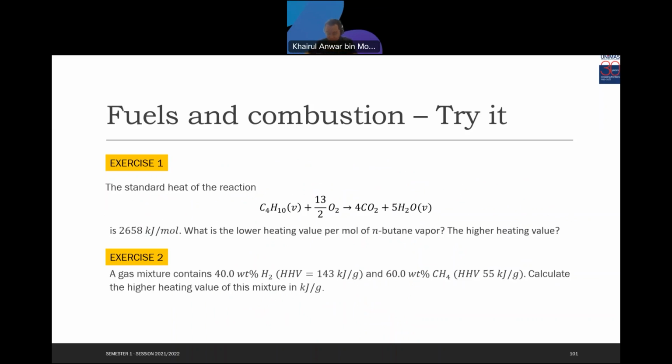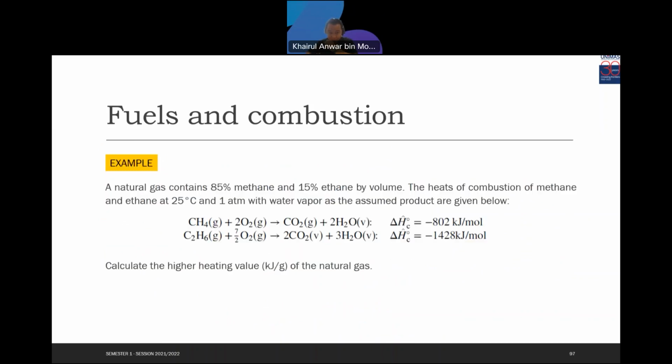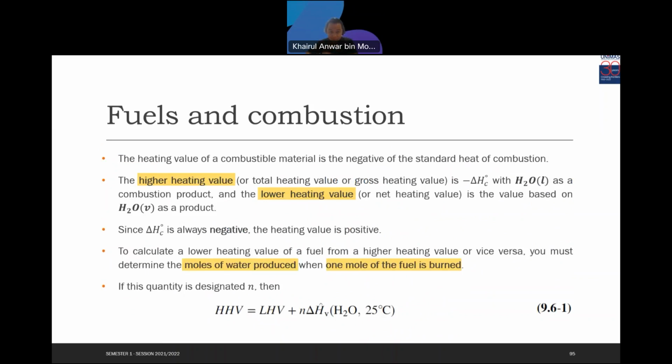The higher heating value is HHV equal to LHV plus moles of water times delta HV for water.